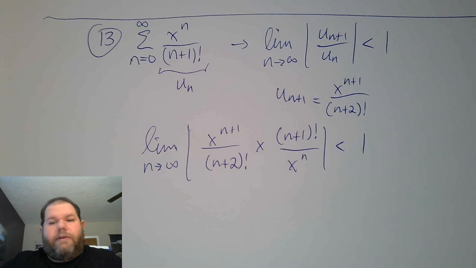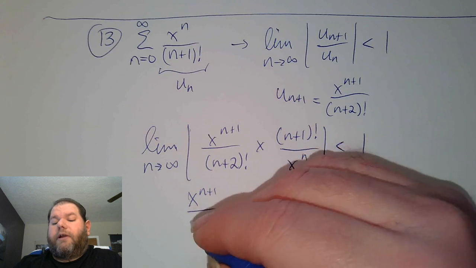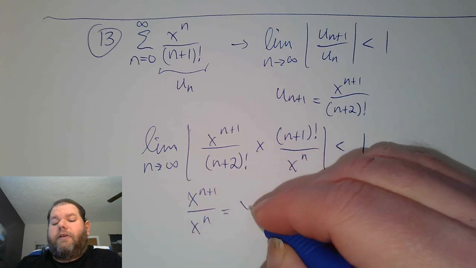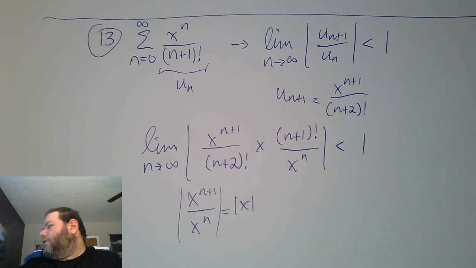Now in both of these cases we can reduce with the x's and with the factorial expressions. X to the n plus 1 over x to the n is just equal to x. Technically that does carry the absolute value. The factorial terms we don't worry about the absolute value because those are automatically positive.